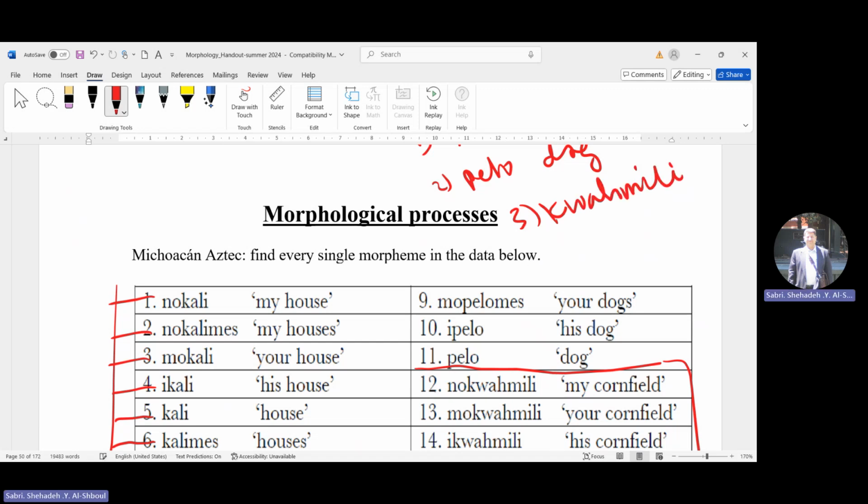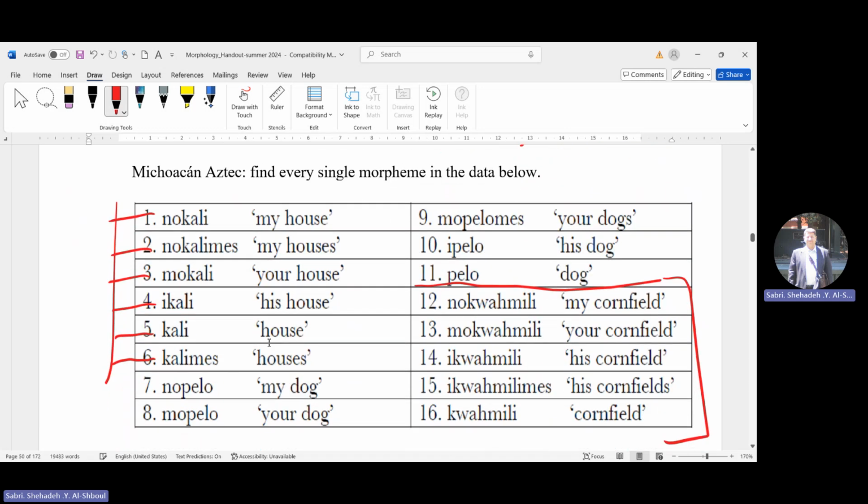Now, our job is to see how this language works in terms of morphemes expressing different levels of inflection. So let's begin with Kali, the most embedded stem, right?